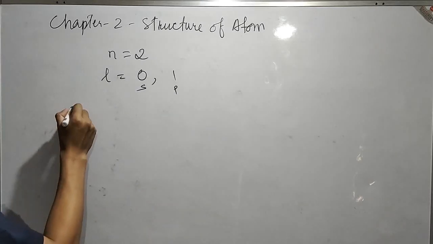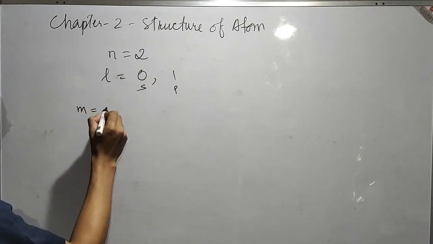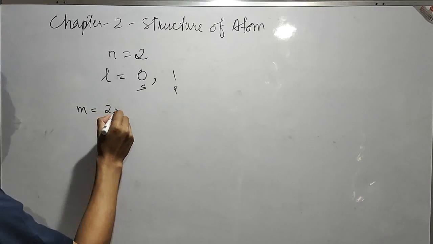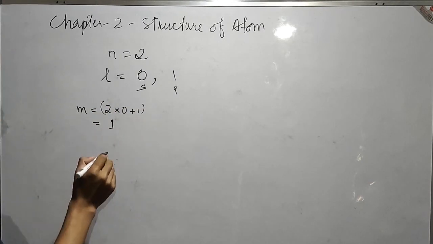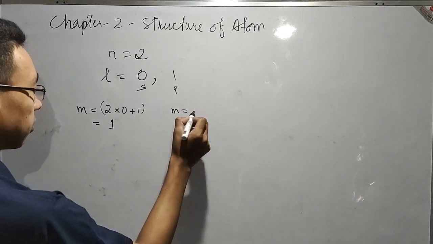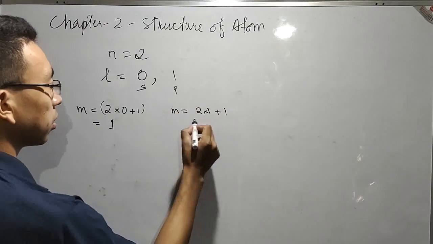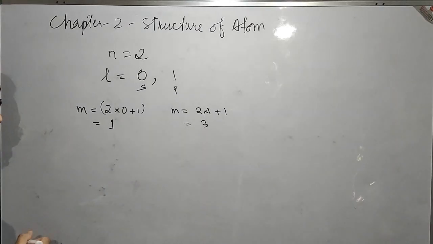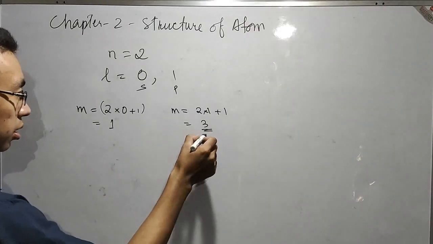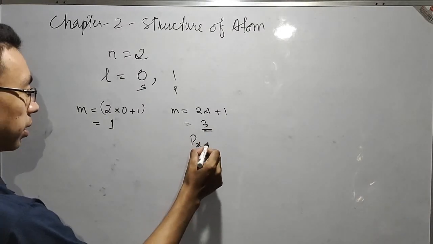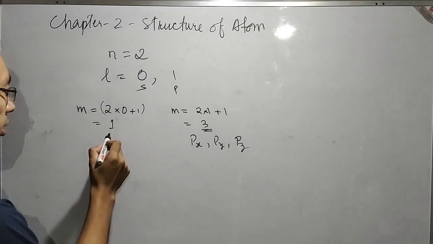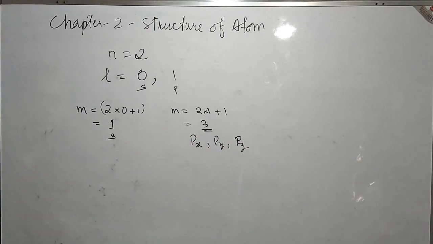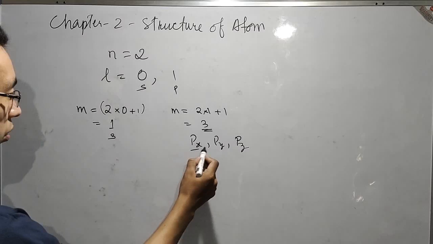Then m, for L equals 0, equals 1, only one orientation. For L equals 1, we get 3 orientations, which means 3 orbitals, called px, py and pz. Here only one orbital. 3 orientations, so 3 orbitals.